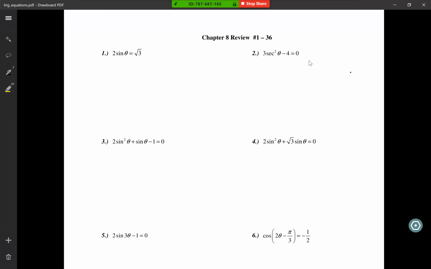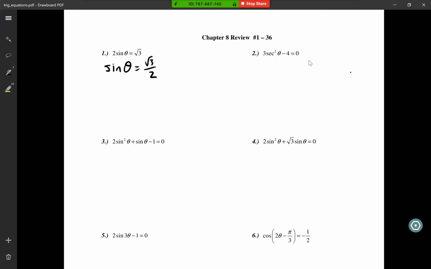So the first thing I'm going to do is get sine of theta by itself. So just divide both sides by 2 to get root 3 over 2. In this particular one, we know what angles give us a sine value that's square root of 3 over 2.